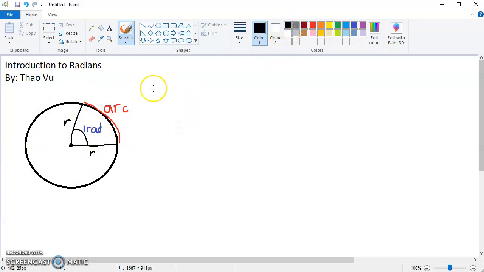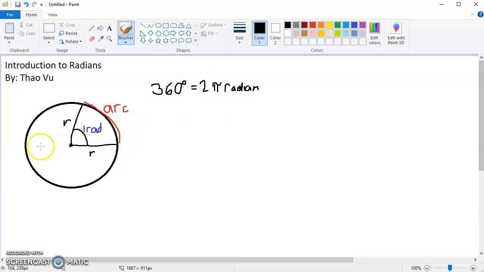And so we also know that 360 degrees is equal to 2 pi radians. Thus, a whole circle has 2 pi radians.